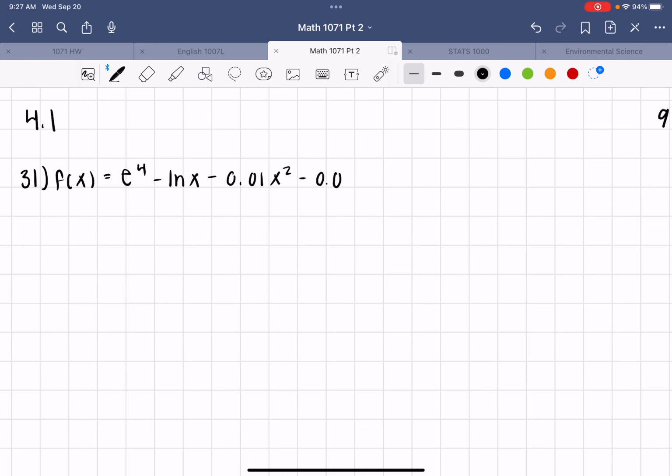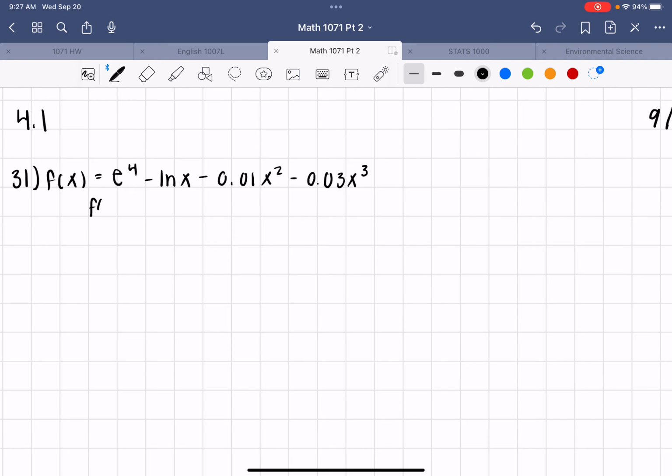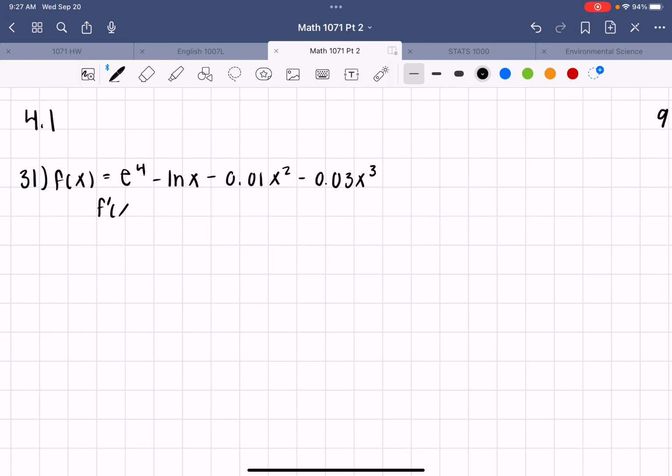So the derivative. Don't let the 4 fool you. It's just a constant. The derivative of log x is 1 over x. Don't let the decimals throw you. Lots of things have got decimals in them. That 0.01 is just a coefficient. A coefficient stays.